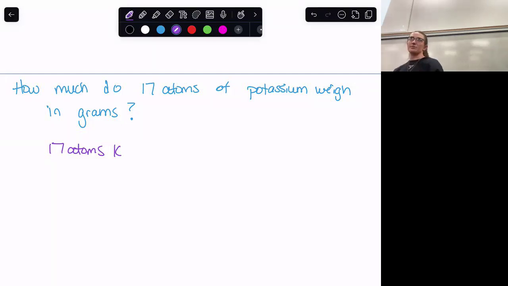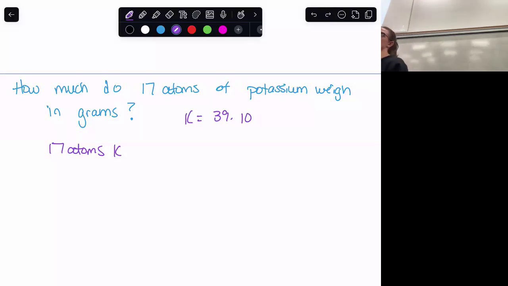How do we get out of atoms into grams? So what is our molar mass of potassium? What are the units of our molar mass of potassium?